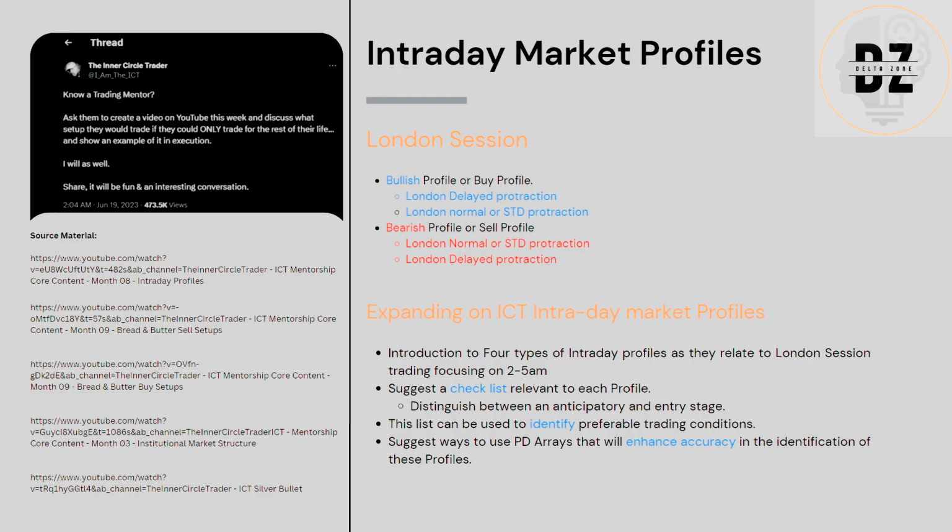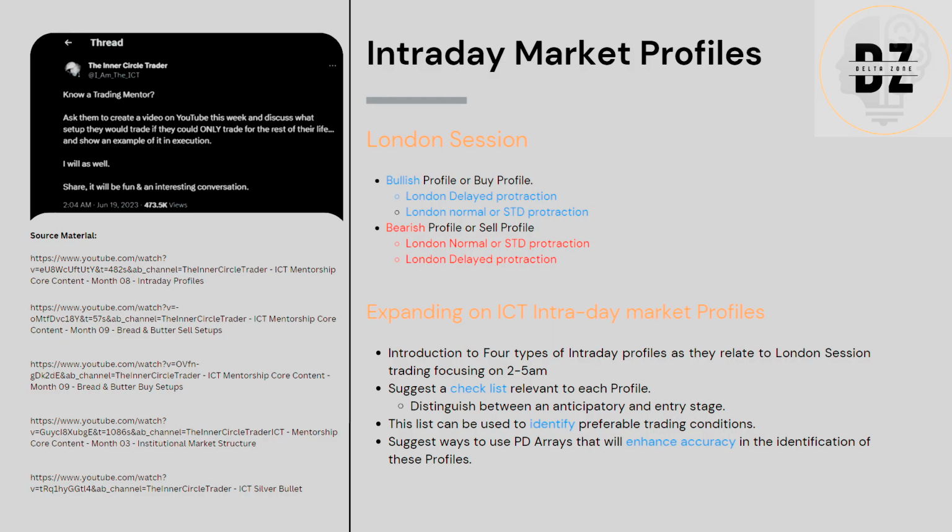So in the following panels, I will be expanding on these intraday profiles by introducing the 4 types of intraday profiles as they relate to the London session, focusing on 2 to 5 a.m. I will also suggest a checklist relevant to each profile. They'll be distinguished by an anticipatory and an entry stage.